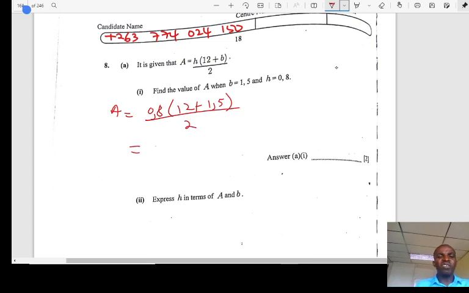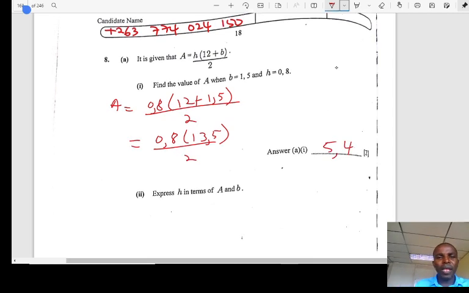Just simplify. First simplify 12 plus 1.5, which is 13.5, to avoid errors. So it will be 0.8 times 13.5 over 2. In your calculator, say 13.5 times 0.8 first, then press the equal sign button. After that, say divided by 2. Then you get 5.4.